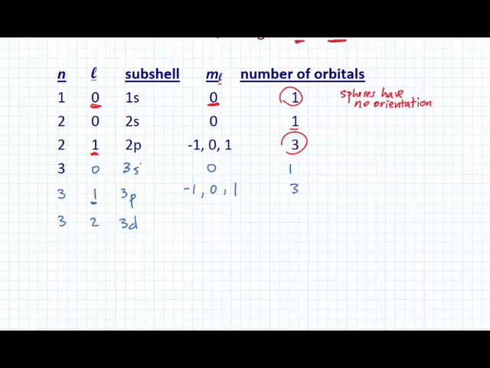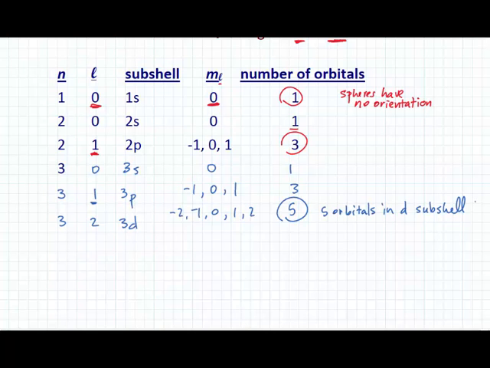How many different orbitals would there be in this group of d orbitals? Yeah, it's going to be L equals 2. So we're going to go negative 2, negative 1, 0, 1, and 2. There are 5 orbitals in any d subshell, including 3d.